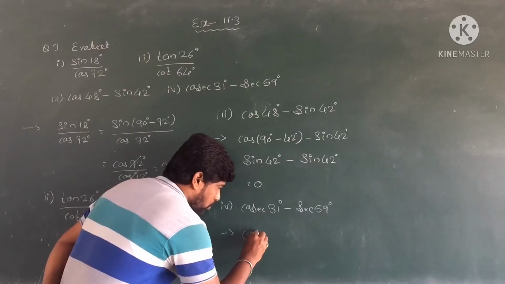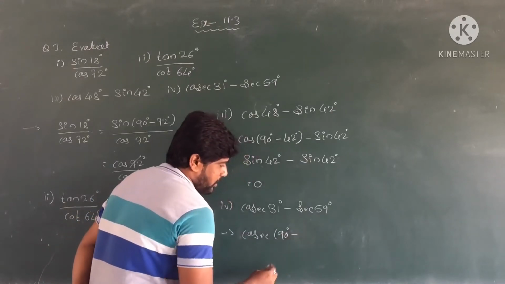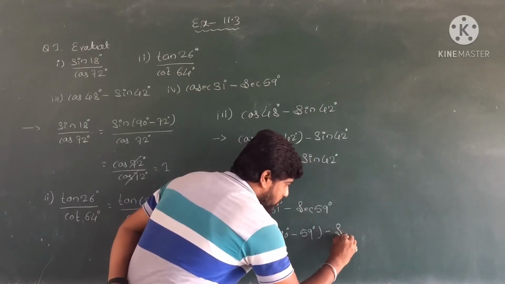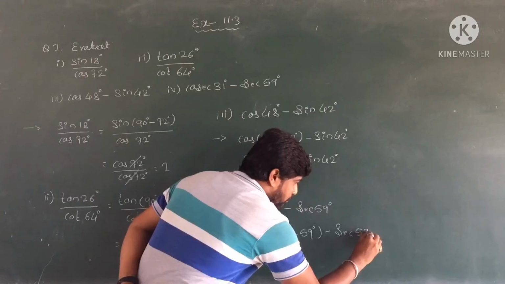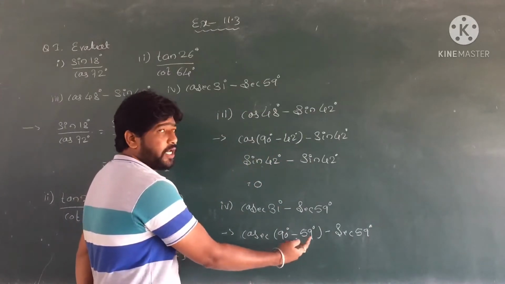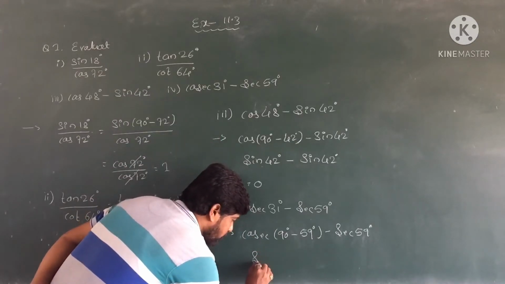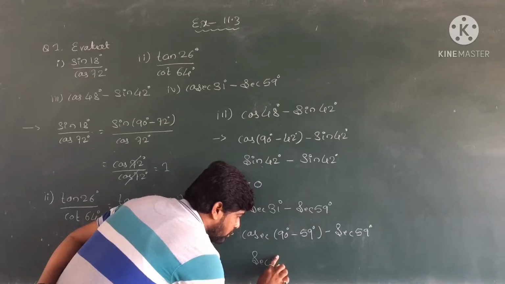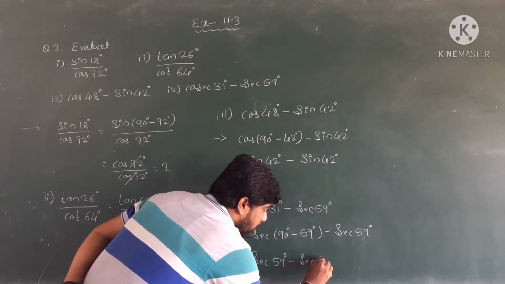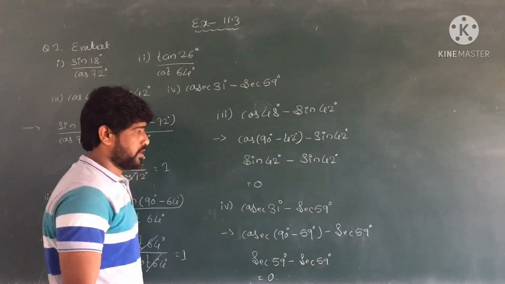So write cosec(90 minus 59) minus sec 59, right? So already we know that cosec(90 minus theta) is sec theta. So we can write here sec 59 minus sec 59. So this is equal to 0.